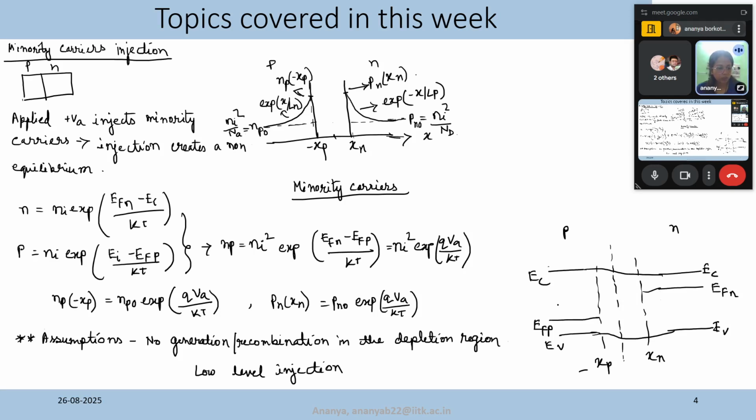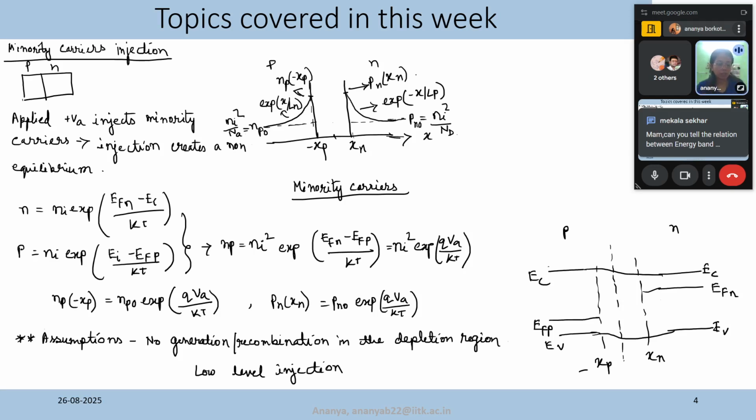We know that in equilibrium, far away from the junction, the semiconductor will be as it is, and when there is equilibrium, the Fermi levels for electrons and holes will be at the same position. But if there is a non-equilibrium condition, which is what happens near the junction, near the depletion region, in that case the change in minority carrier Fermi level will be higher, but the change in majority carrier Fermi level will be almost the same.